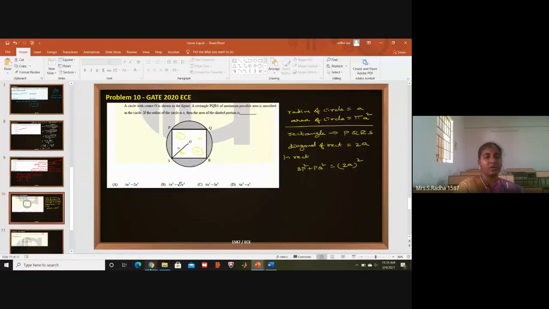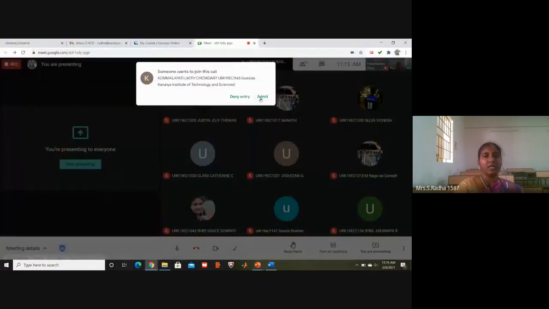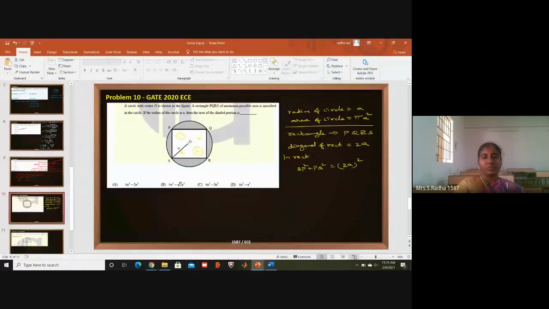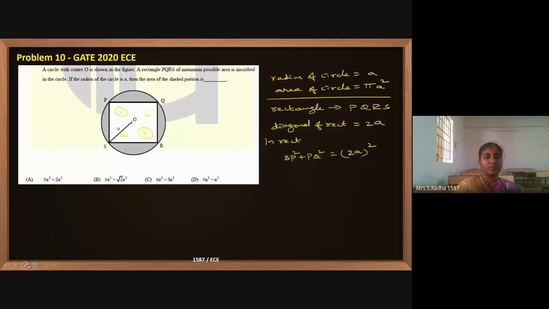You can kindly do along with me, and kindly post in the chat box if you are getting it. So SP square plus PQ square is nothing but 2A whole square. Side square plus side square is nothing but hypotenuse square.